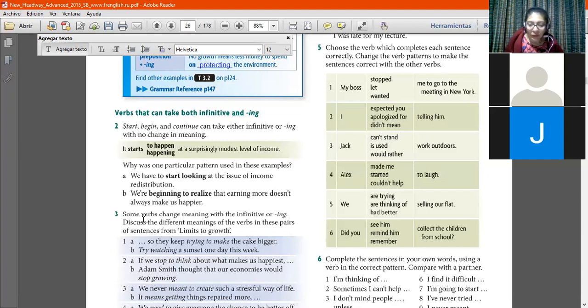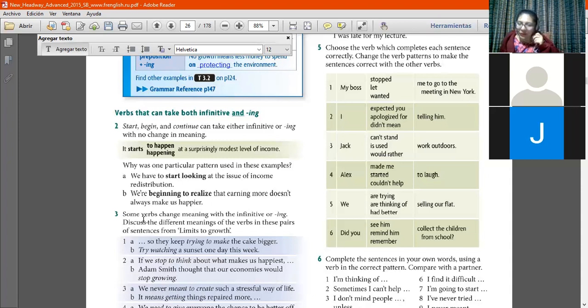Yeah. So we can say to start looking, it is acceptable, and people prefer to say to start looking. If you use the other one, like beginning realizing, it's kind of awkward.